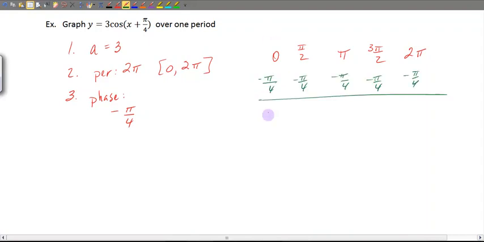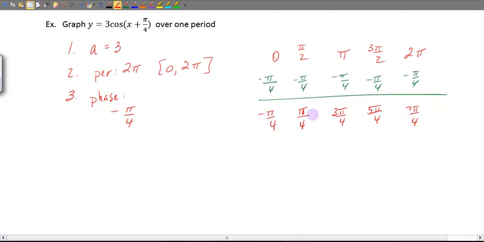The first value right here is going to be negative pi over 4. And I'm going to go through and calculate the rest of these values. Okay, so I went through and did the subtracting pi over 4 from each of these values, and I came up with a new set of x-intercepts occurring at these 5 spots right here.